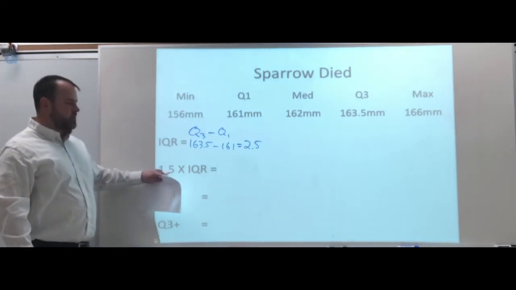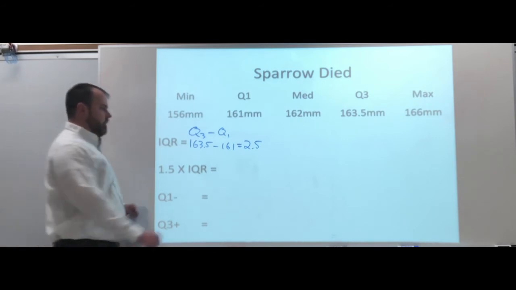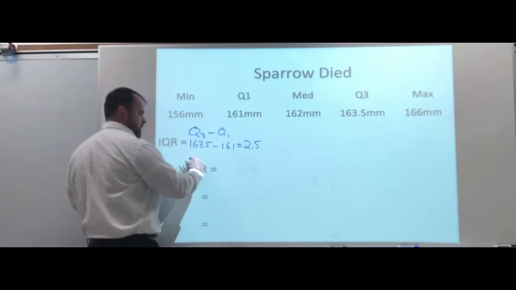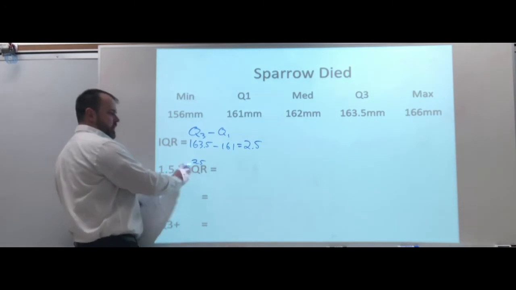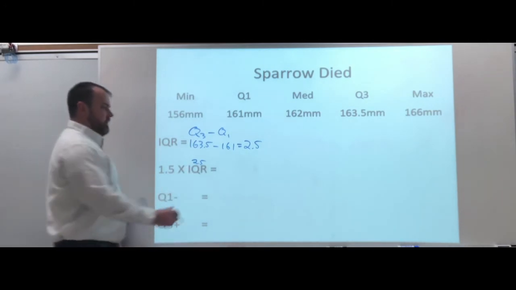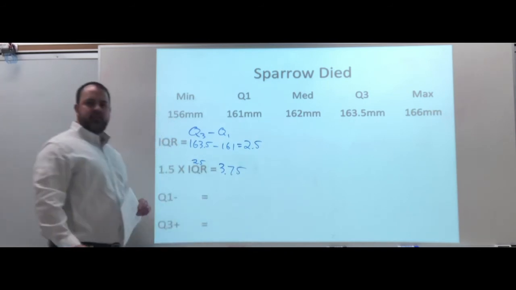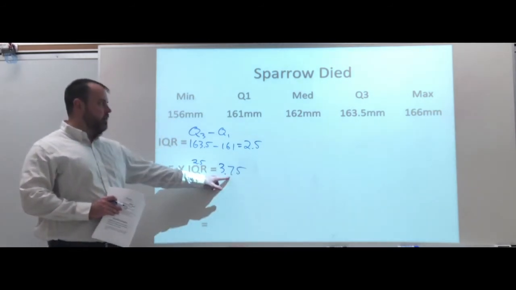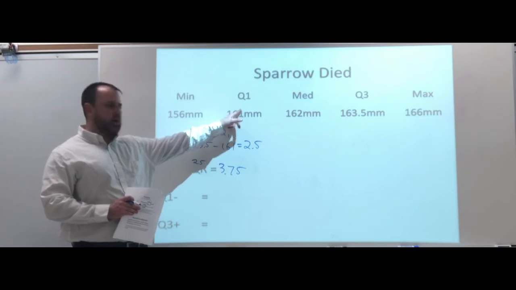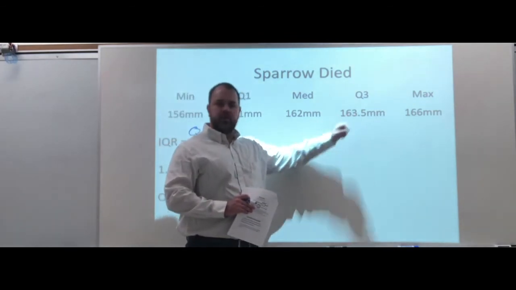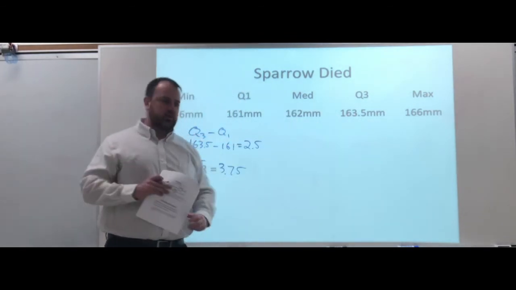Now the inner quartile range times 1.5. So 1.5 times 2.5 gives us 3.75. That's the value we're going to take away from the first quartile and add to the third quartile to get our range.